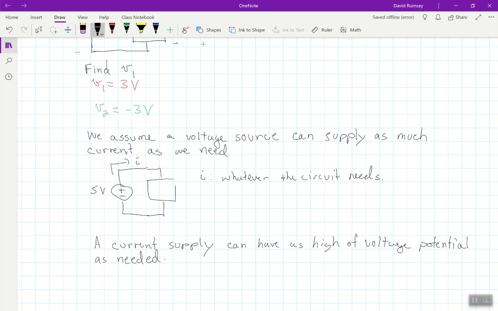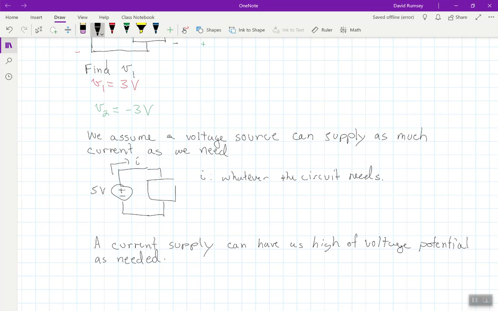Now, you might say that when we do pen and paper, we will have current sources, but you don't really encounter current sources in real life. And to some extent, that is somewhat true. I mean, most of the time we're talking about a battery, and we think of a battery as a voltage source, not a current source. But to say that you can't have current sources is incorrect. I mean, you can get them. They're just not what I would consider a standard component that you would be buying.